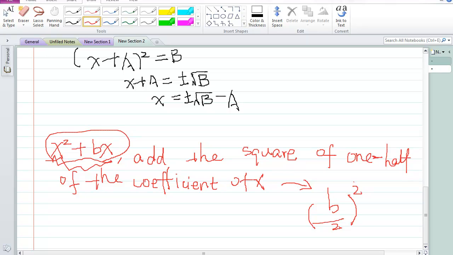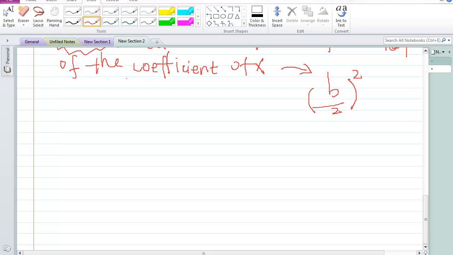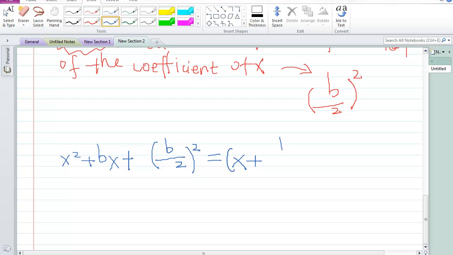Then we'll have this very nice thing come out: x squared plus bx plus what we just added, b over 2 squared, equals x plus b over 2 squared, right?